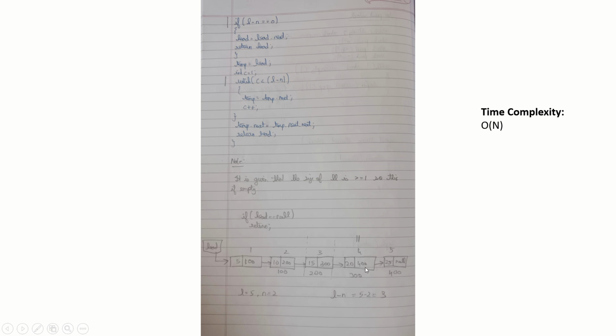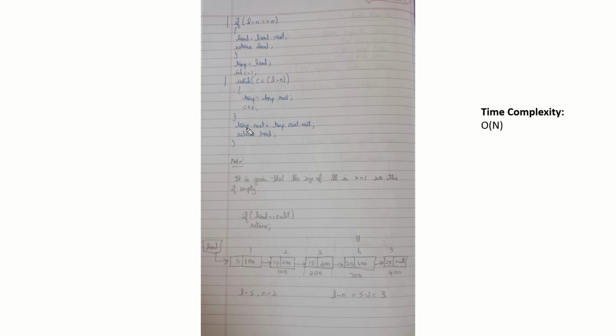In order to delete this node, we'd have to make temp point to the node before it. For that, we'll be making use of this while loop. It's going to iterate while c, that is 1, is less than n minus 1, and it's going to make temp point to this location. The reason we want temp over there is that we will be giving a direct connection from this node to the node after the next, basically deleting this one.